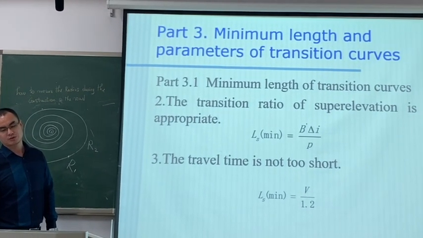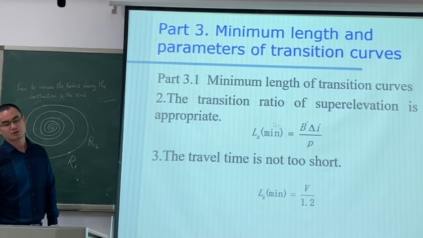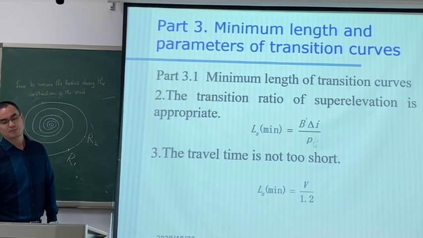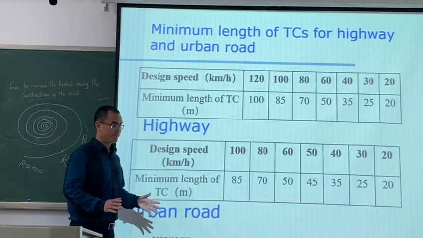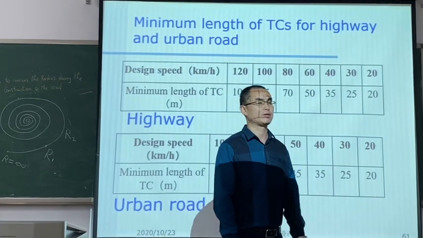P is the transition ratio of superelevation. B is the road width.